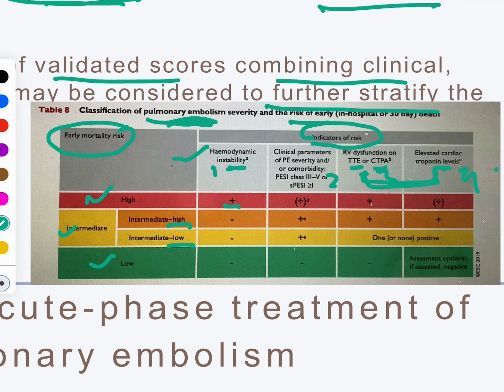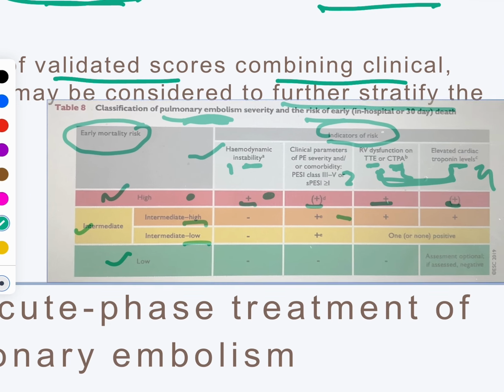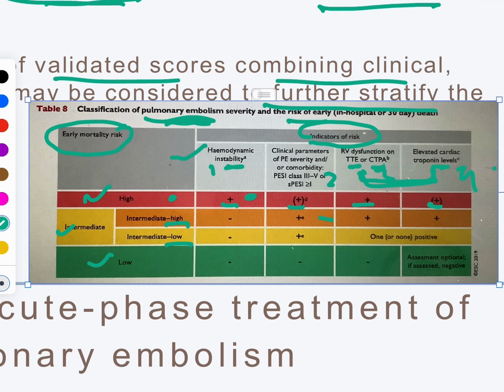If any of them are present with hemodynamic instability, it is high risk. If three of them are present but no hemodynamic instability, then it is intermediate-high risk. If the PESI score is high but one of them is positive for RV dysfunction, either imaging or troponin, then it is intermediate-low.